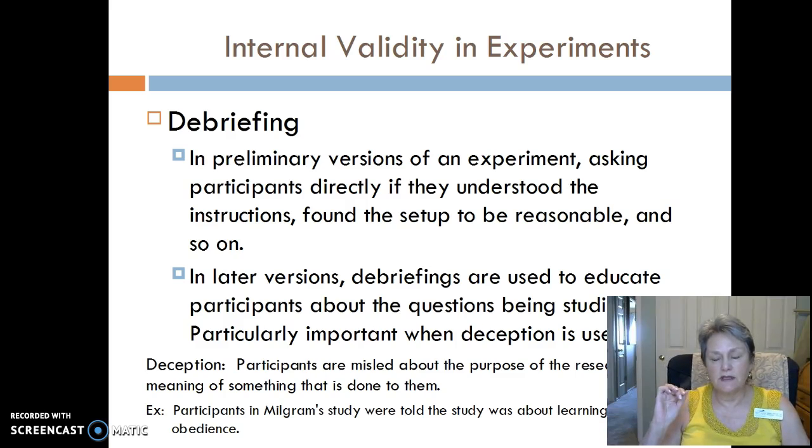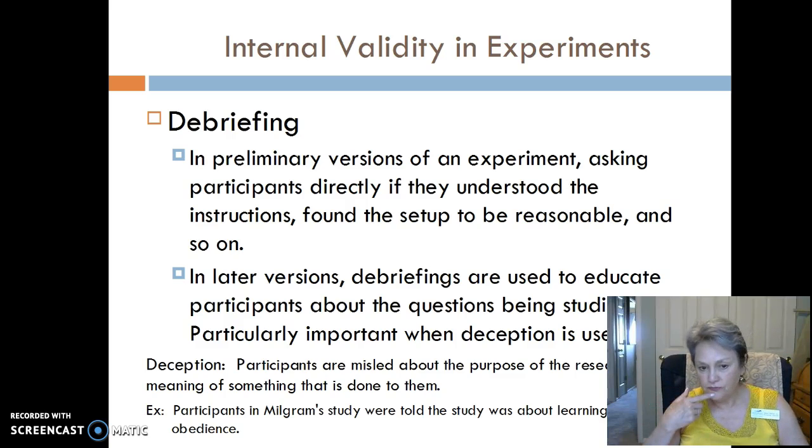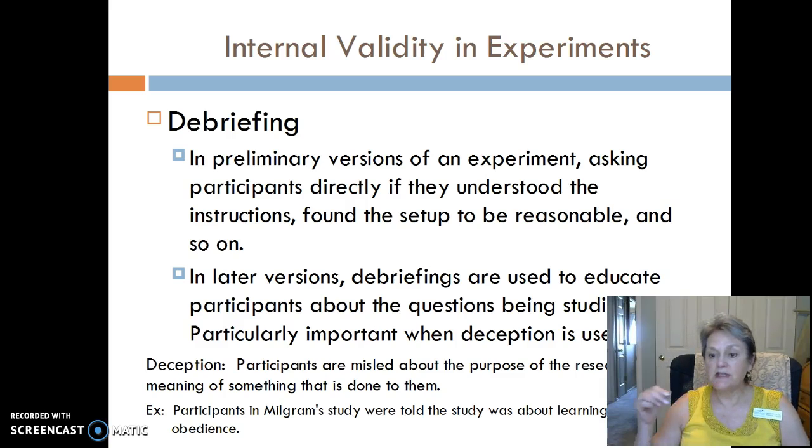But oftentimes deception is used. Sometimes we actually can't get the answers we need about human behavior if we let people know what it is we're studying. So in those cases, deception is used, and participants are misled about what the purpose of the study is and what kind of information we're trying to gather.